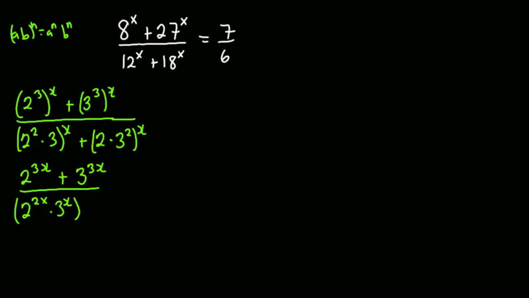So the exponent will multiply the 2 and also multiply the exponent of 3. So 2^(2x) times 3^x, plus this is the same as 2^x times 3^(2x).